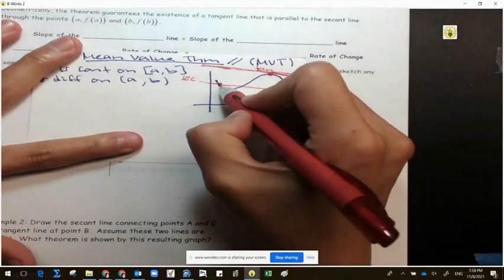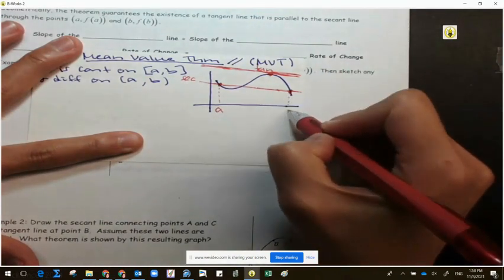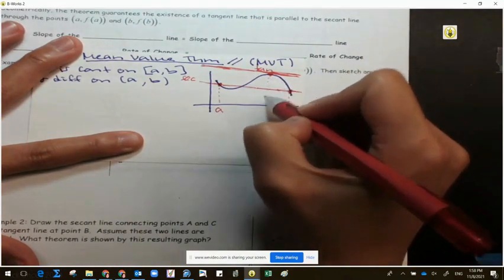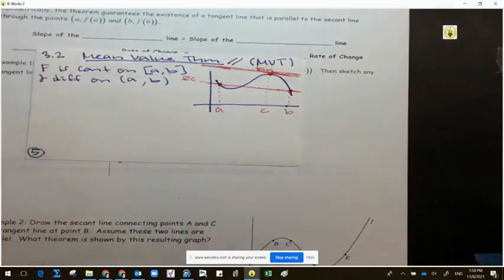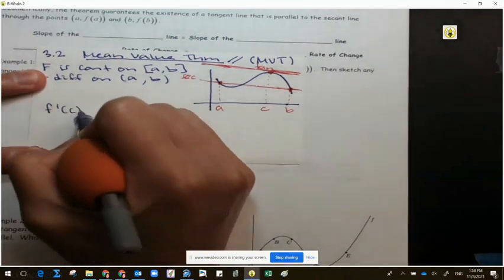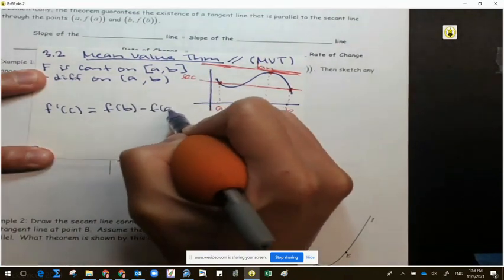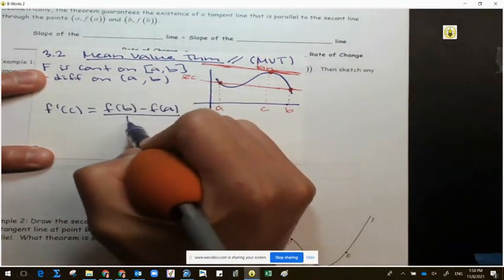Let's be a little more specific. I'm going to call this point A, the other endpoint B, and let's call this one point C. Here's what the definition states: f'(c) is equivalent to f(b) minus f(a) all over b minus a.